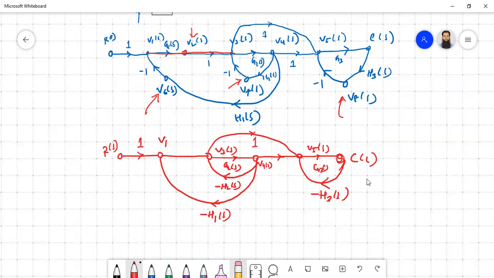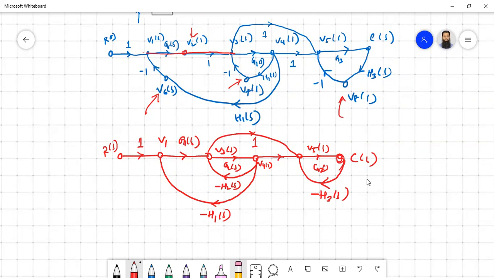So now we know if the block diagram is given, then how actually to convert it to a signal flow graph. Basically, idea is very simple. Idea is to find out all the nodes of your block diagram, and once you know all the nodes, you just connect those with your systems. So that should help you to figure out how to obtain the signal flow graph.